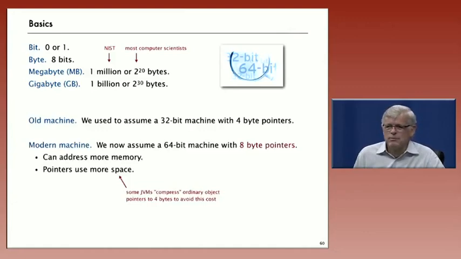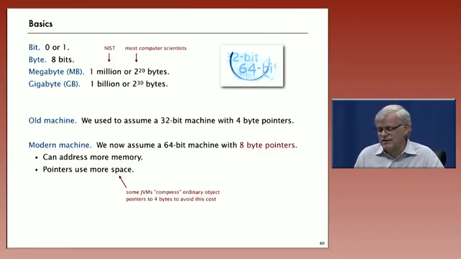Now, on old computers, for many years, we used a 32-bit machine so that pointers were 4 bytes. Just in recent years, we've mostly switched to a model where machines are 64 bits and pointers are 8 bytes. That allows us to address much more memory, but pointers use much more space.